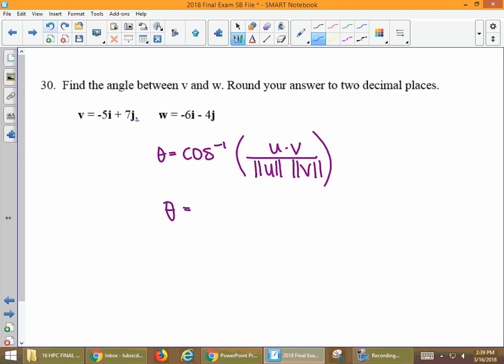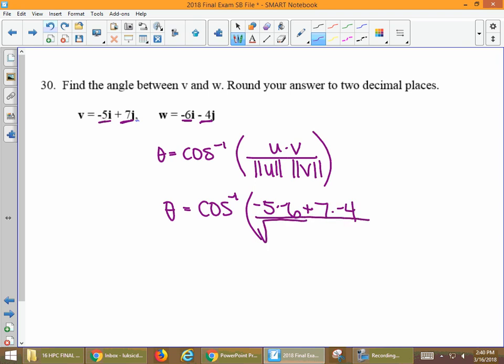And with the dot product, we just multiply and add in between. And the magnitudes, we do the square root of the squares.